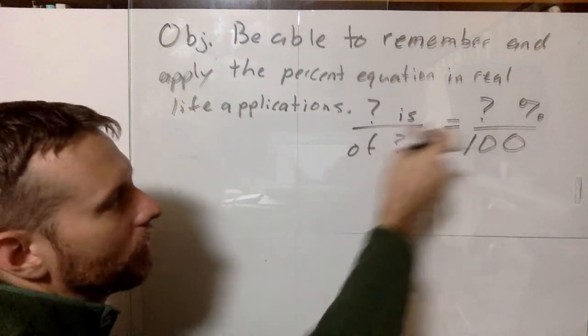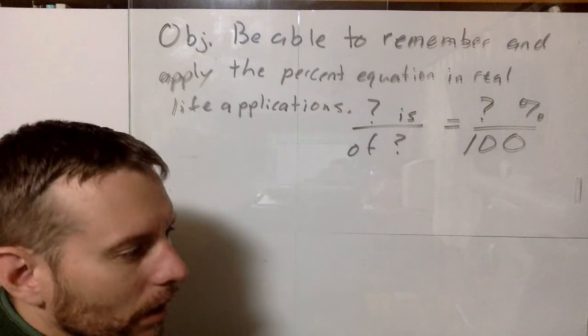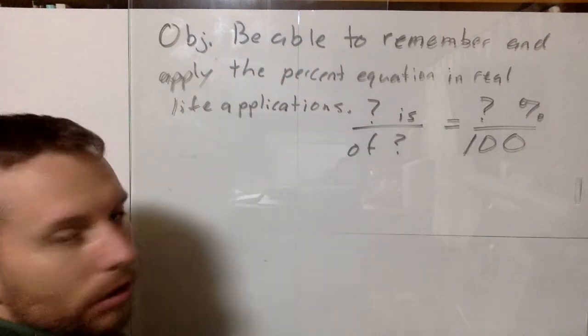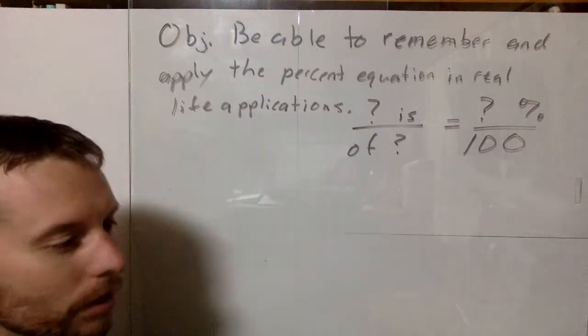I know that's a lot of question marks, but they'll always give you two of those, and you'll just have to solve for the last one. So let's go ahead and show a few examples.